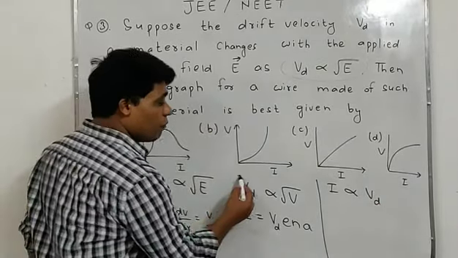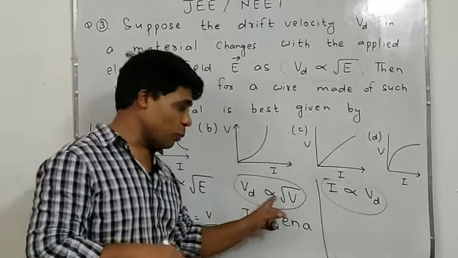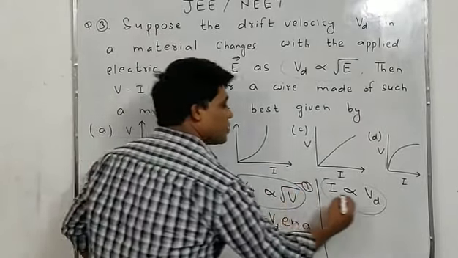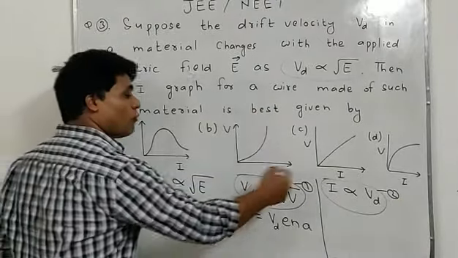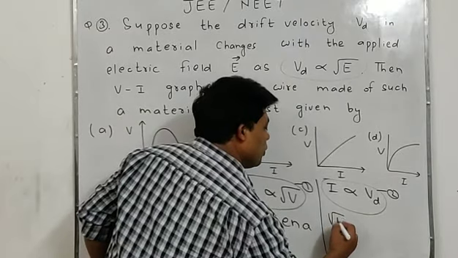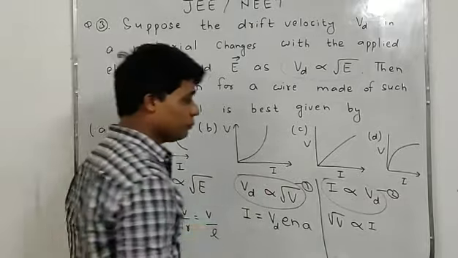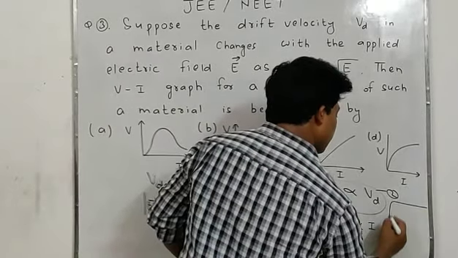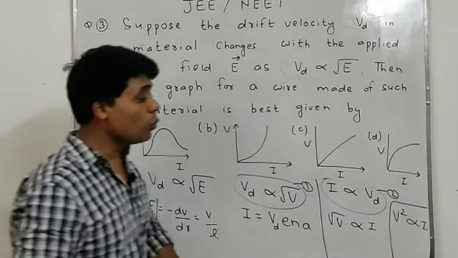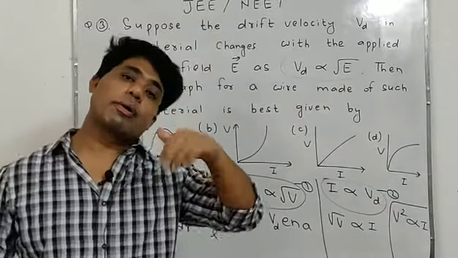Now we have to consider these two relations: drift velocity proportional to root V and drift velocity proportional to I. Suppose this is first and this is second, so from first and second we can write root V proportional to I. And when we square both sides, it becomes V square proportional to I. Look students, this type of equation should be of a parabola.